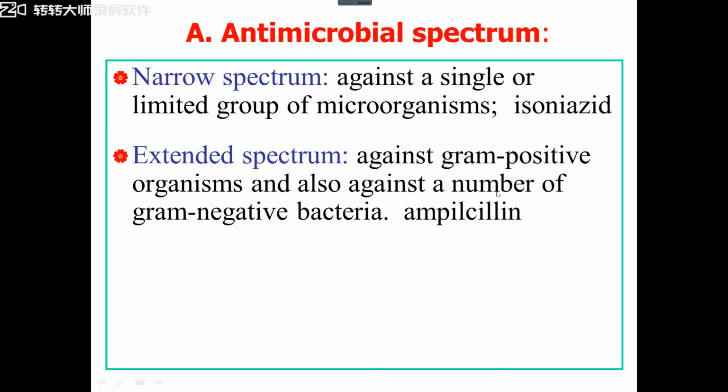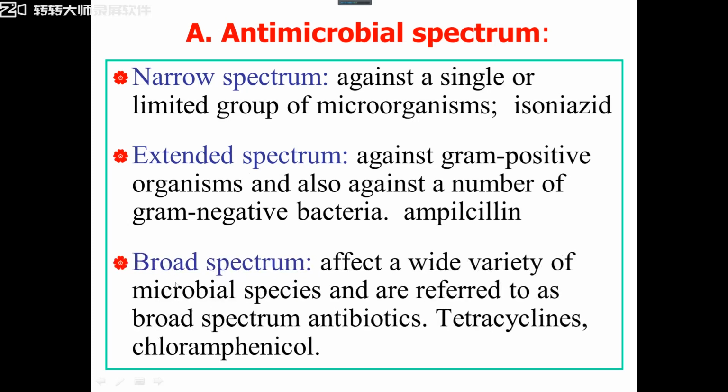We also call them broad spectrum penicillins. Penicillin G is narrow spectrum, but amoxicillin or ampicillin, compared to penicillin G, are extended spectrum, so they can act against a number of gram-negative bacteria. They are extended spectrum antibacterial agents.